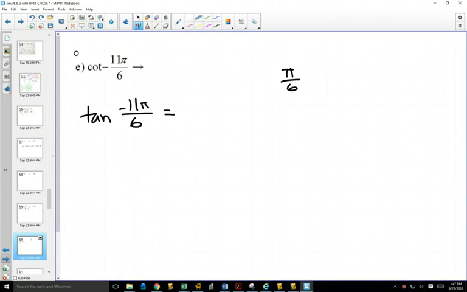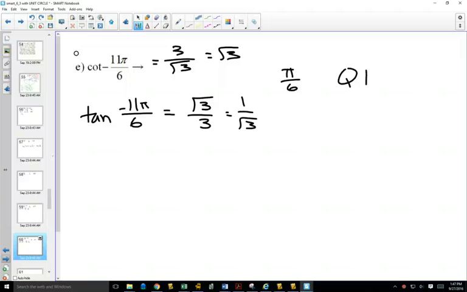Quadrant 1. So tan of my pi over 6 is root 3 over 3 and would be positive in quadrant 1. So cotangent of negative 11 pi over 6 will be 3 over root 3. And since this is equal to 1 over root 3, that's the same as root 3.